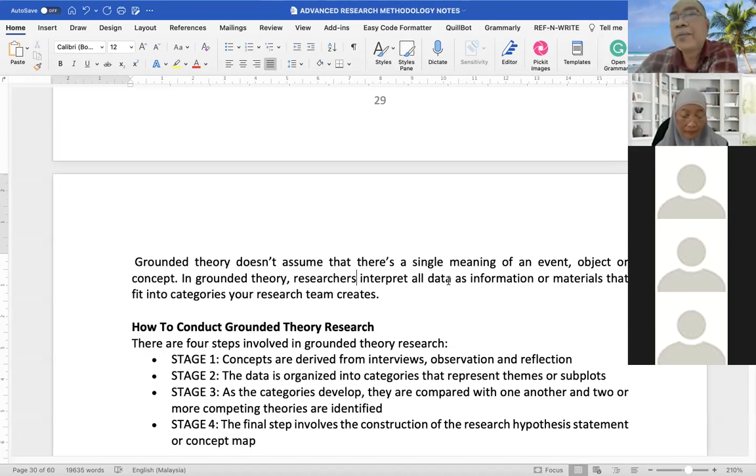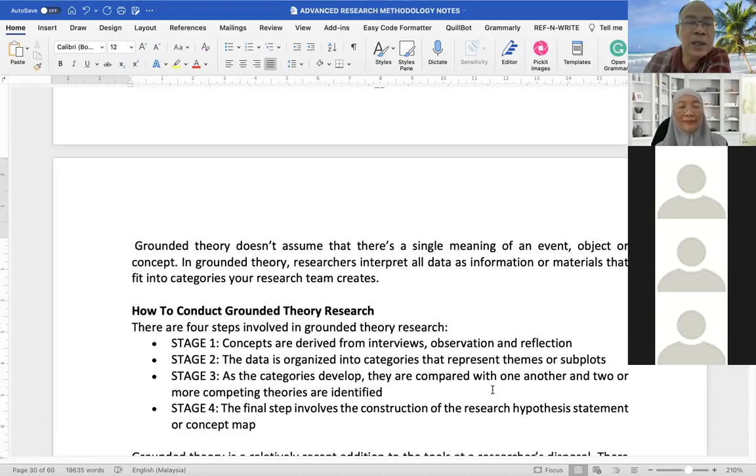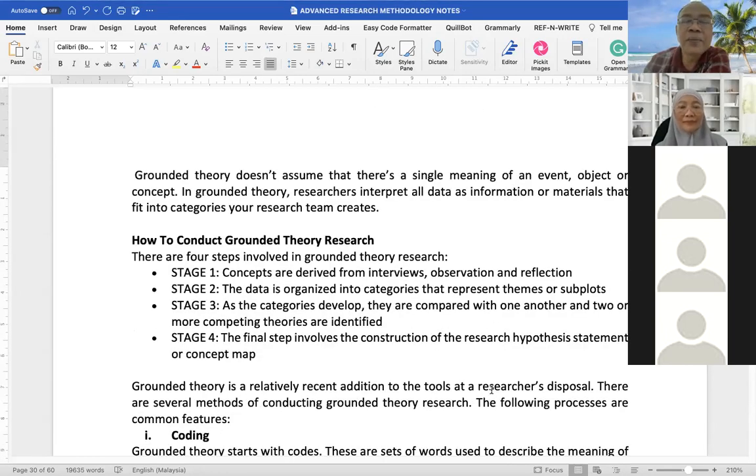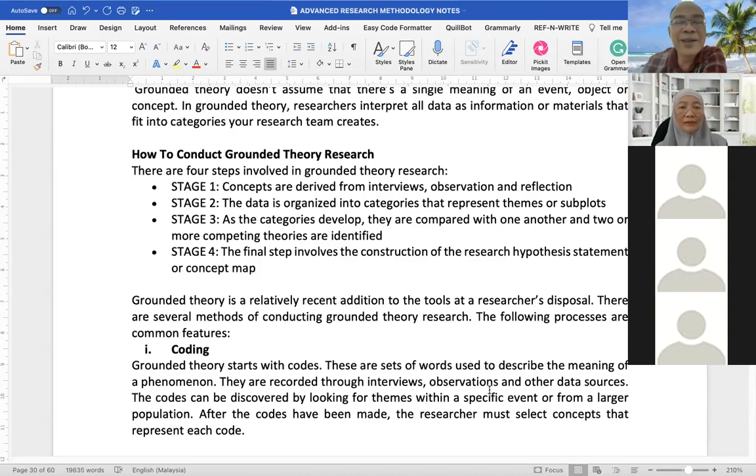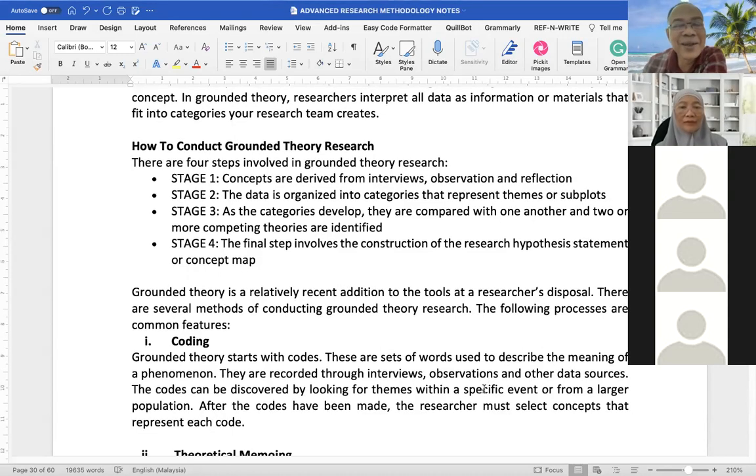Nvivo software enables the researchers to group the data into different themes or different classifications, so that the data will give meaningful meanings to the researchers. All right, any question on grounded theory? It's difficult, huh? Okay.